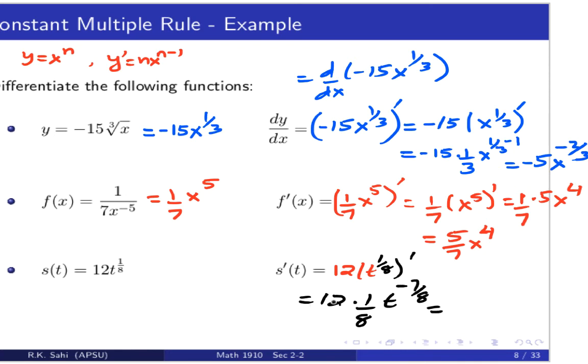So your final answer, the 4 is common between 8 and 12, 4 can easily cancel. So what we'll get is 3 over 2, guys, sorry. So this 4 goes 2 times, 4 goes 3 times. 3/2 t to the power negative 7/8.